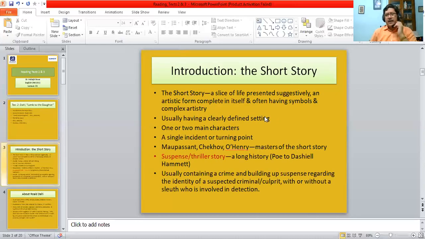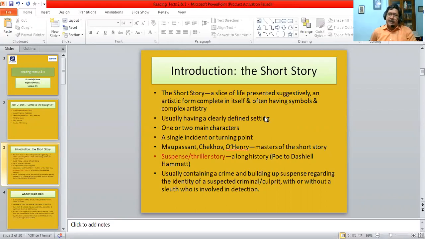Let us begin by looking at the form or the genre of the short story per se. The short story has proved to be an immensely popular form of fiction. It is short fiction, rather, as differentiated from the longer forms like the novel or the novella or longer short story.